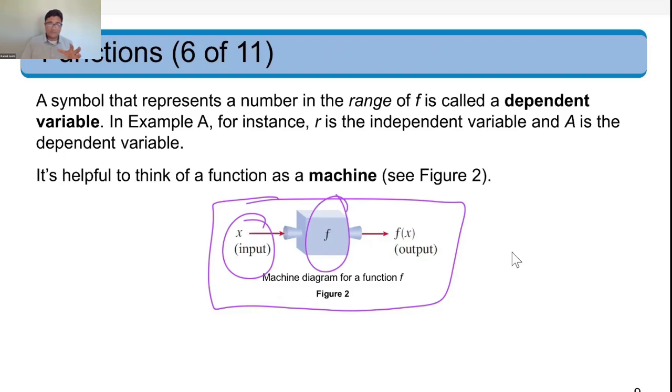You put in some raw vegetables and there is a food processor. It mixes them up, right? Slices them, chops them, and it produces the finished product, your salad. Okay, that is the output. So that is a machine perspective of looking at a function.